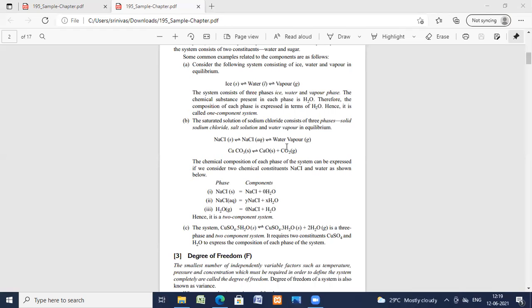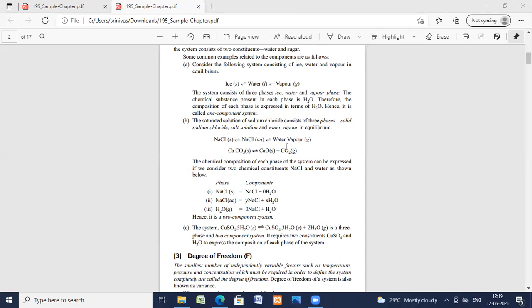You can take an example of sodium sulfate water system. They are also here. You are having solid ice, water, water vapor, whatever. So solid sodium sulfate and water. The composition can be expressed with two chemical formulas. Sodium sulfate and water system, how many ever may be the phases?